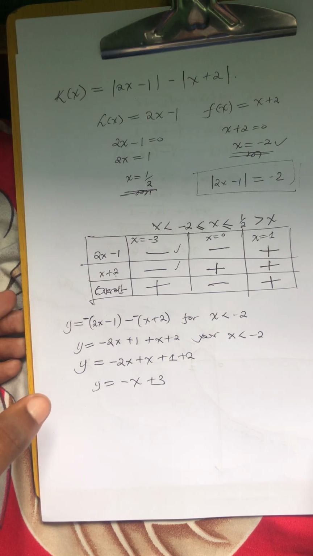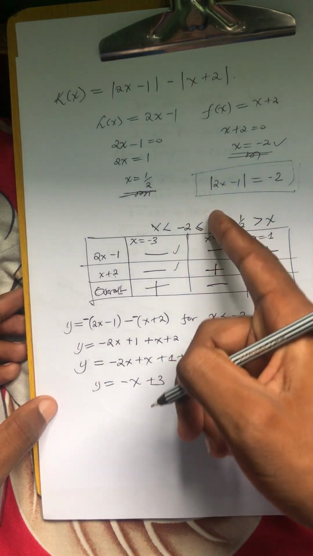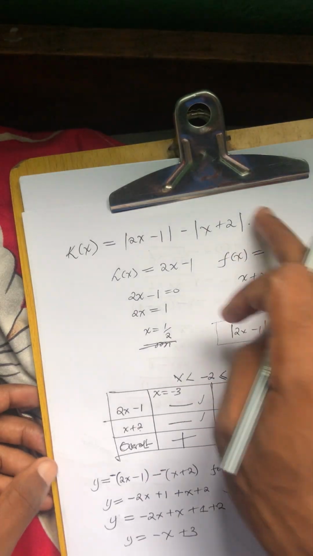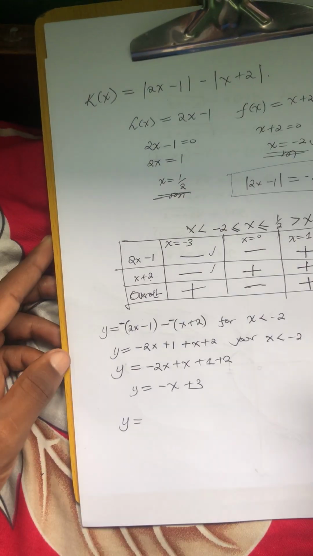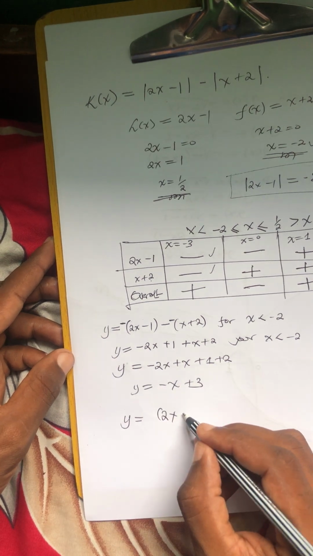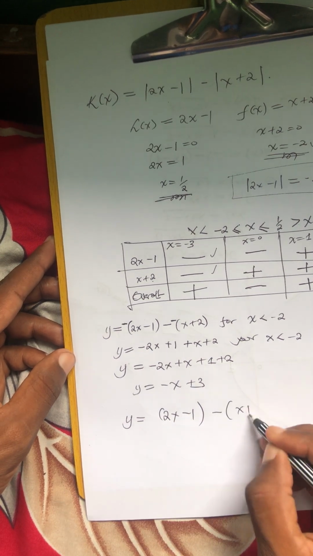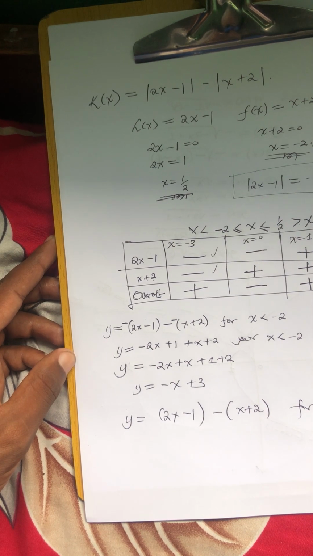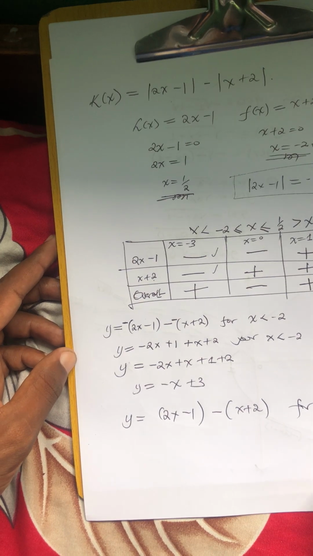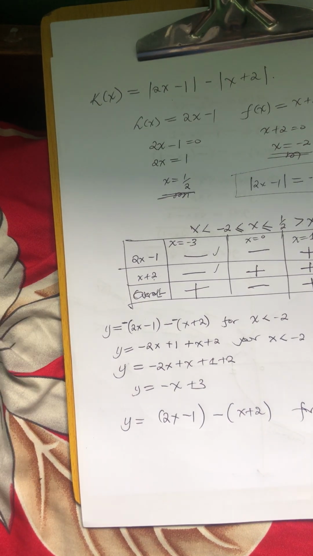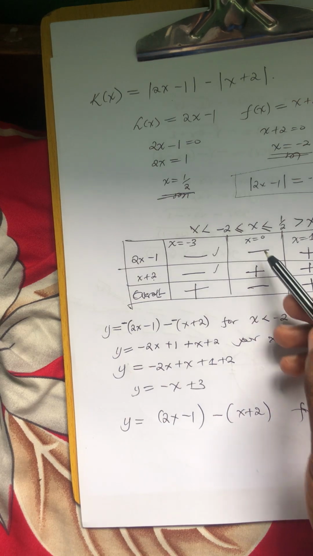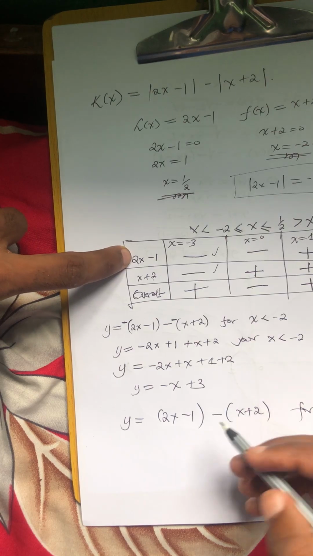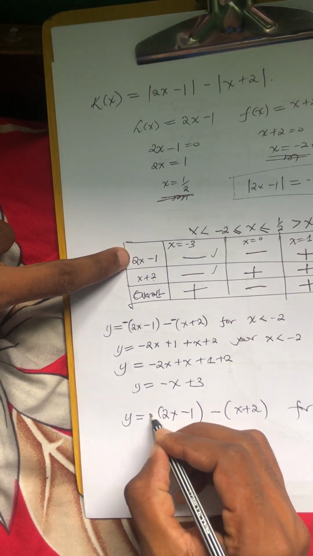Then the second region, in between. We say y is equal to, you copy the original function again: 2x minus 1, then minus x plus 2, for minus 2 less than x, less than half. Then put those signs. For this region, the first function gave us a negative, so in front of this function we put a negative.